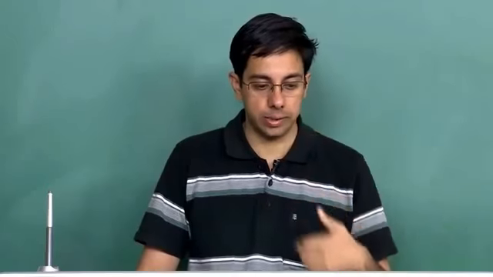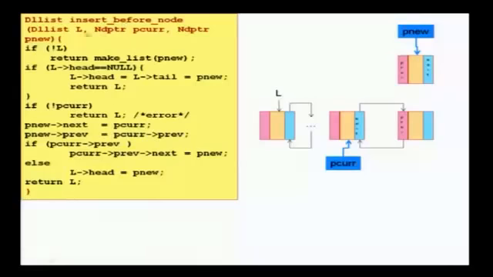So, let us take insert before node. This was a function that was not easy with the singly linked list. So, I am given a linked list L, I am given a current node P CURR and a new node to insert before the current node. Okay. So, what are the things to check? If the list is empty, then insert before the current node just means that you create a new node and return the new list.